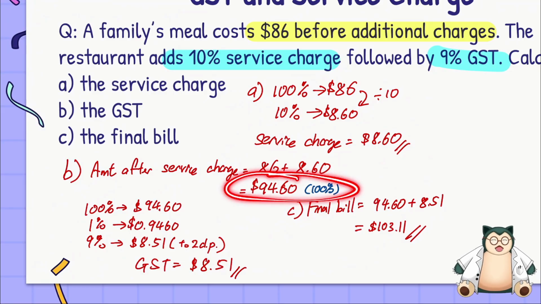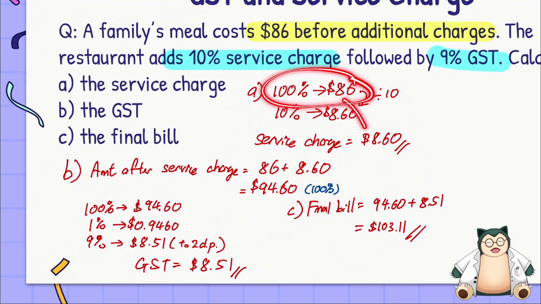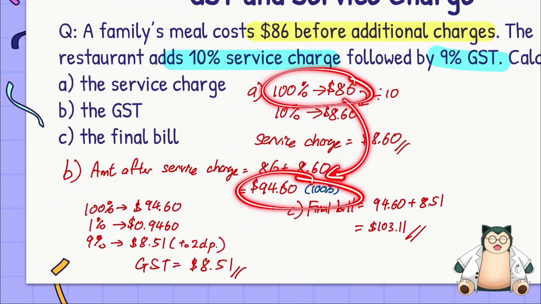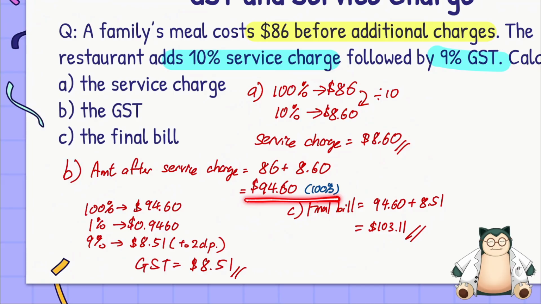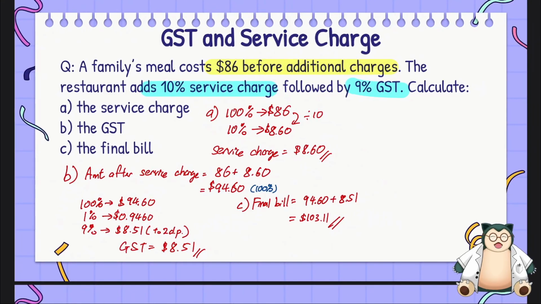This very step is what changed our final answer, changing the 100% from $86 into our new 100%, which is $94.60 after we add in the service charge. And then using this new base, we calculate our new GST. Okay? Now, this step is very important.